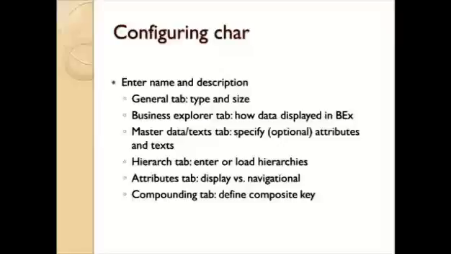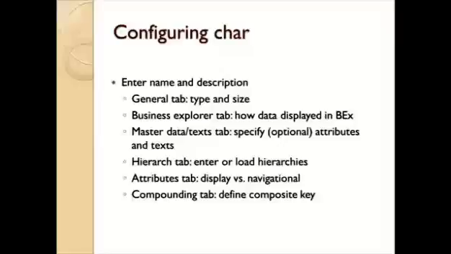Okay, I mentioned earlier that for each piece of master data, we can define additionally texts and hierarchies, and attributes. So if we have additional attributes we want to define, that's where we define it. And on the hierarchy tab, you will then define the hierarchy if there is any.